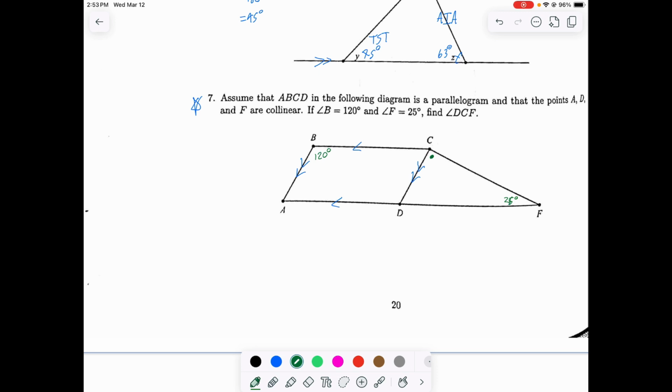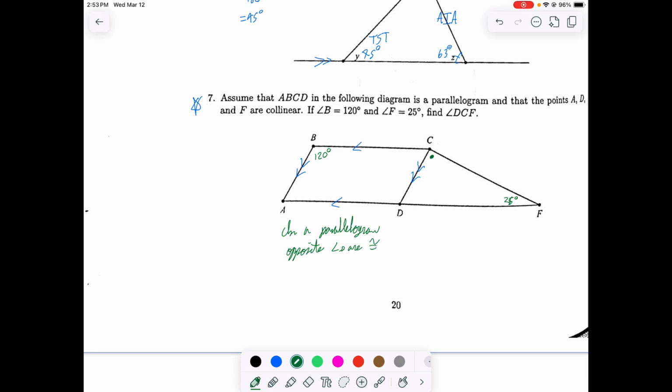Well, since it's a parallelogram, we have all those properties of a parallelogram. We don't care about the side properties so much because we're just dealing with angles and we want to find an angle. We care about the angle properties. And the big one that we can use here is the idea that in a parallelogram, opposite angles are congruent.